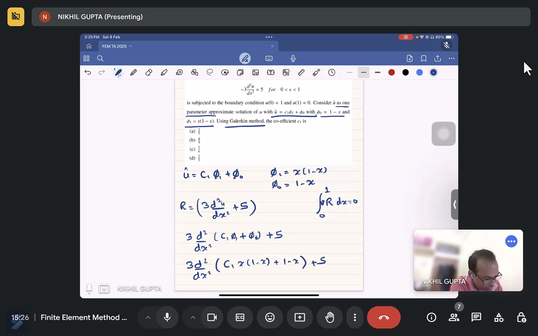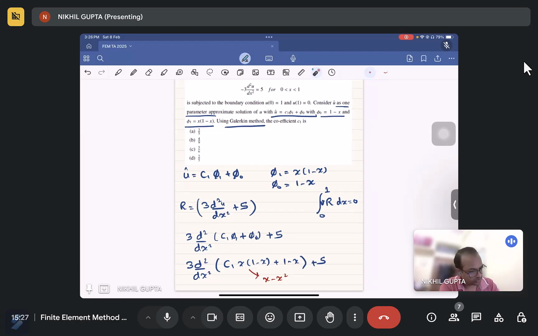When you differentiate this, x(1 minus x) is written as x minus x square. On the first differentiation this will be 1 minus 2x, and the 1 minus x term will go to 0 after differentiating. On double differentiation, you will get minus 2, and the other term gives 0.